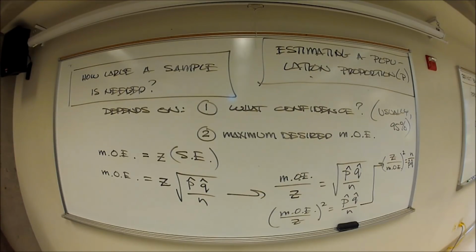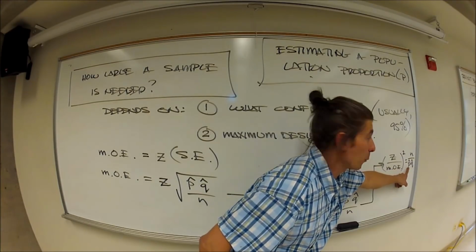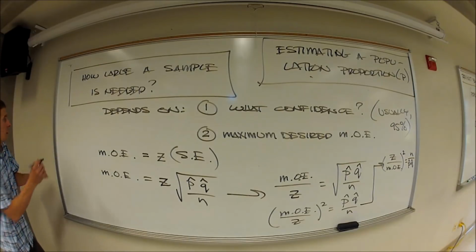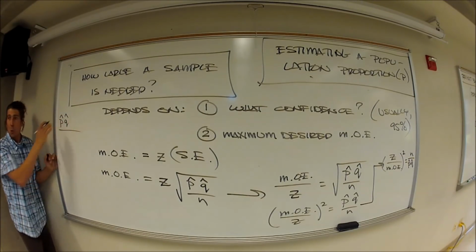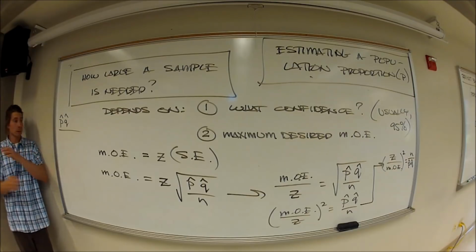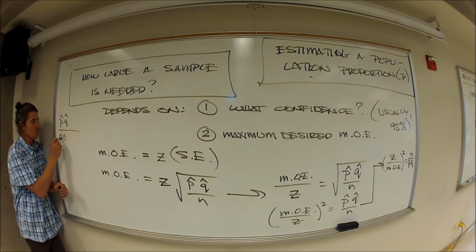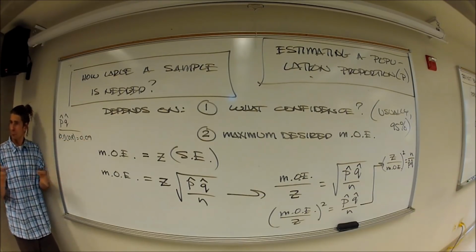What is the value of P hat that will make P hat times Q hat as large as possible? Well, let's try 0.1. 0.1 times 0.9 is 0.09. Let's try some different values.